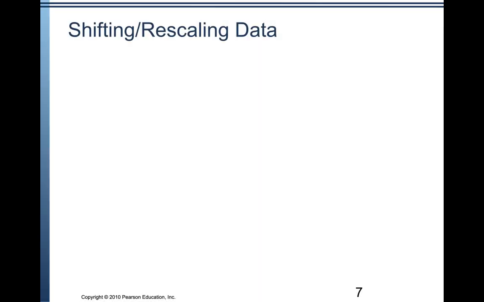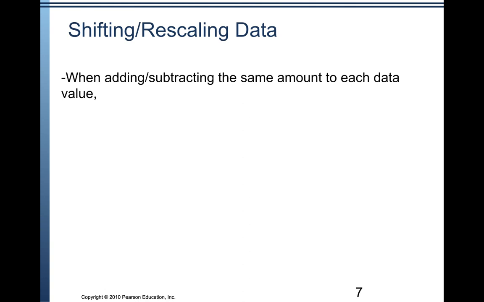The last thing we want to talk about is shifting and rescaling data. So what do I mean by shifting and rescaling data? What I mean by shifting data is when we add or subtract the same amount to each data value. So the example that I'm going to use is, let's say I take everyone's monthly cell phone bill in this class and I add the same amount to everyone's bill.